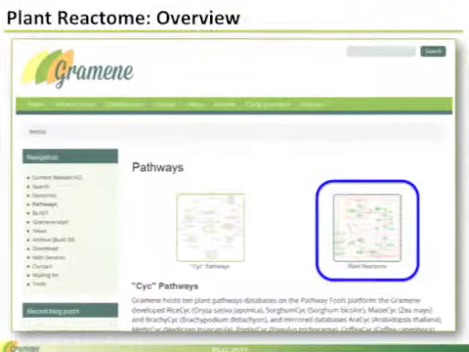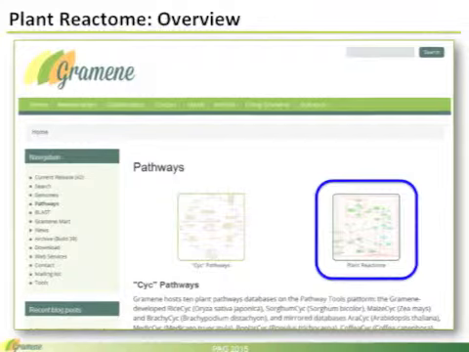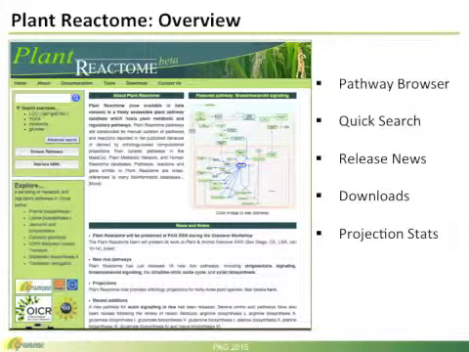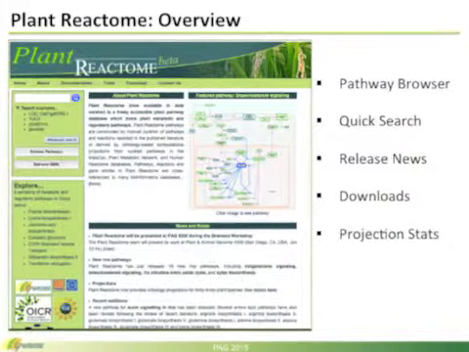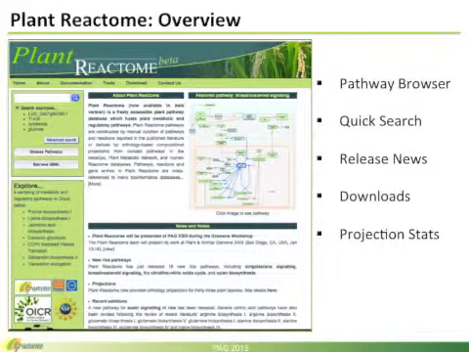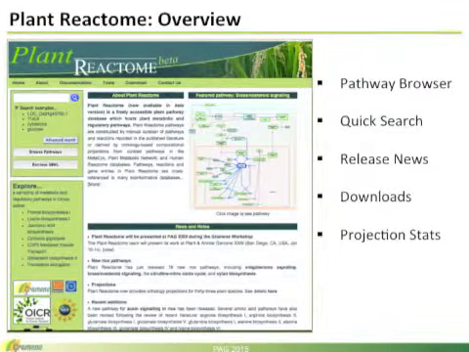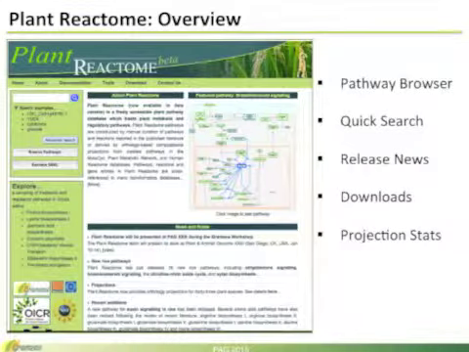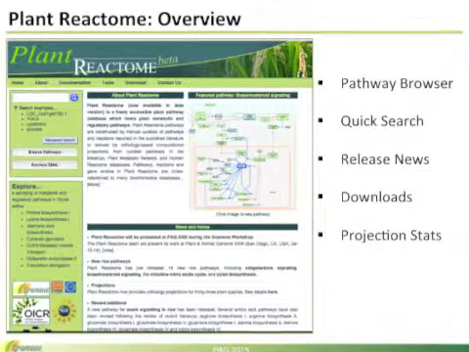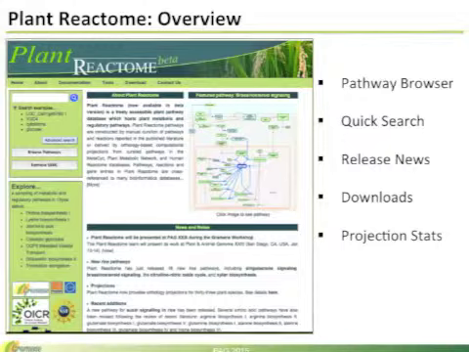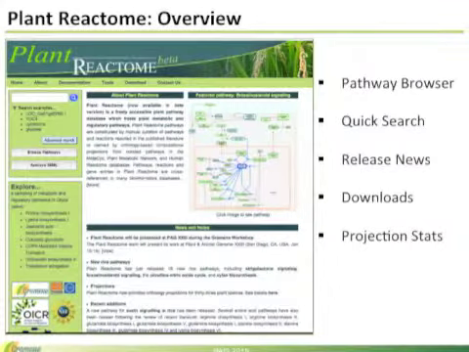So if you click through on the icon on the right, to give you a very brief tour, this would be the homepage of the current live site. It's also accessible at plantreactome.gramene.org. And from here you can access a pathway browser that I'll show you in a moment. There are boxes for doing quick keyword searches for elements in the pathways.